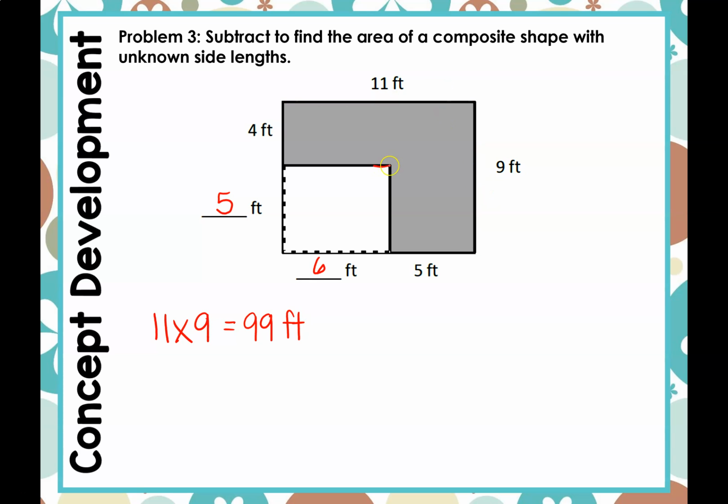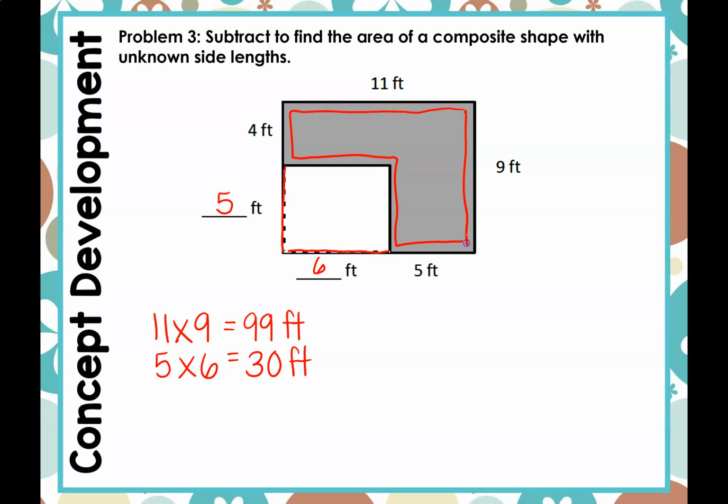Okay, now let's find the area of the smaller rectangle. We would take 5 times 6, which equals 30 feet.